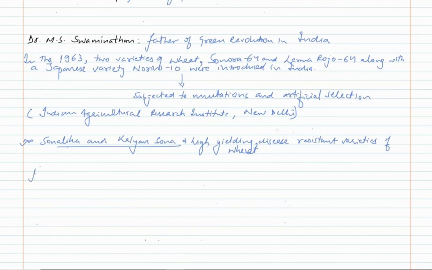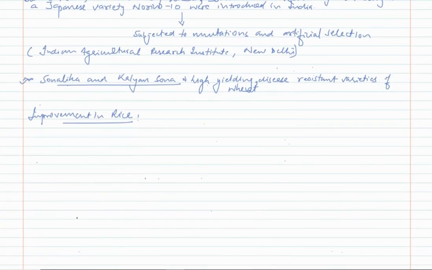Similarly, there was improvement in the quality of rice. How come? In rice, there was a dwarfing gene called the DGWG gene, which was noticed in Taiwan. This gene produced many improved varieties of rice.